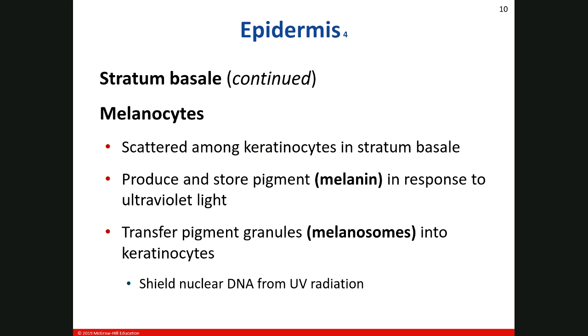The melanocytes, we'll also see them scattered throughout this layer. They make and store the melanin, and it's from sunlight, specifically from the ultraviolet radiation from sunlight, or a tanning bed. And they'll actually share. They're like the kindergartner of these cells, and they'll share the melanin with other cells nearby.